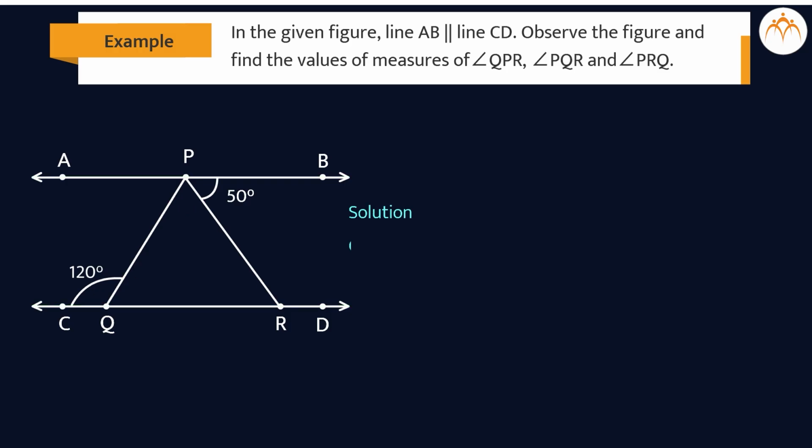Solution: given, line AB is parallel to line CD and PR is the transversal. Therefore, we get angle BPR congruent to angle PRQ because they form a pair of alternate angles. Therefore, measure of angle PRQ congruent to measure of angle BPR. Therefore, measure of angle PRQ equal to 50 degree, equation 1.